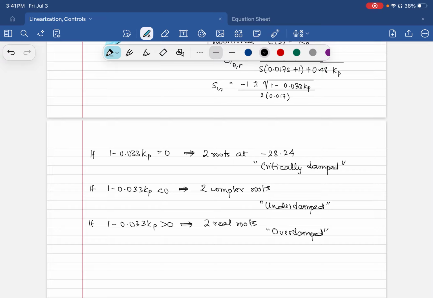So everything really depends on 1 minus 0.033 Kp. In this case, Kp is equal to 30. In this case, Kp is greater than 30. And in this case, Kp is less than 30.